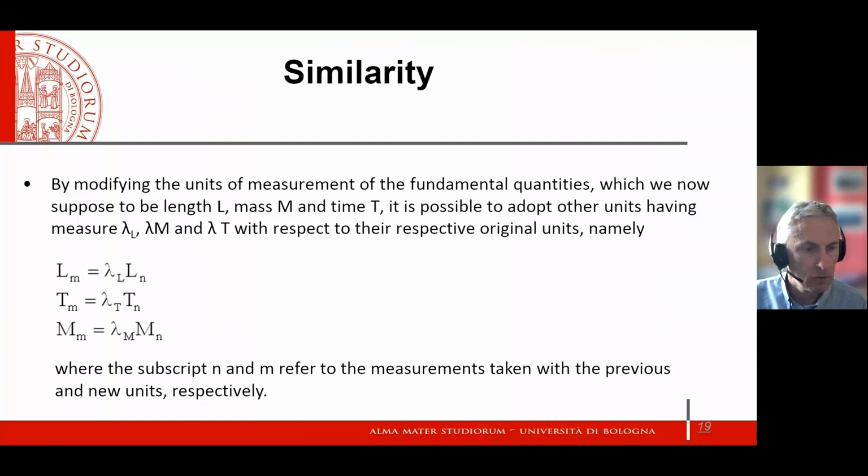If instead of changing the unit, you pass from the prototype to the model in the lab, then the change in the length unit is given by the change in scale. So if I make a reduction of 10, which means that in the lab I have a model that is geometrically 10 times smaller than the reality, my lambda L will be the scale 1 over 10. So it's very easy to determine these multipliers.